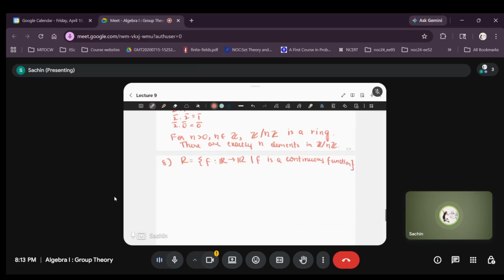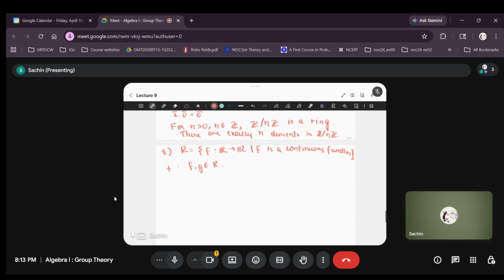You can induce a ring structure by defining addition in this way. For two functions f, g in R, f plus g is a function such that f plus g of a is f of a plus g of a.